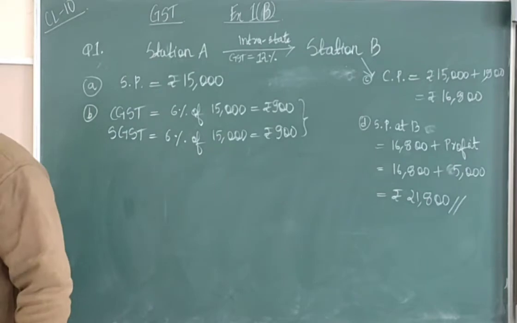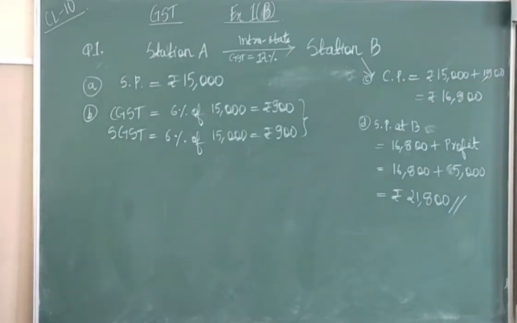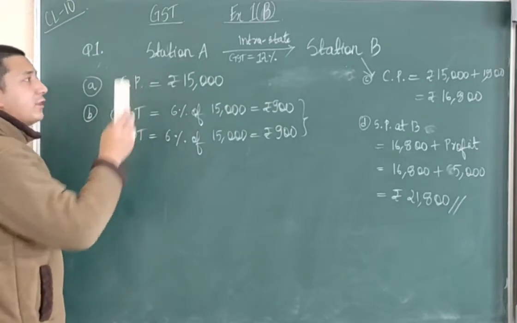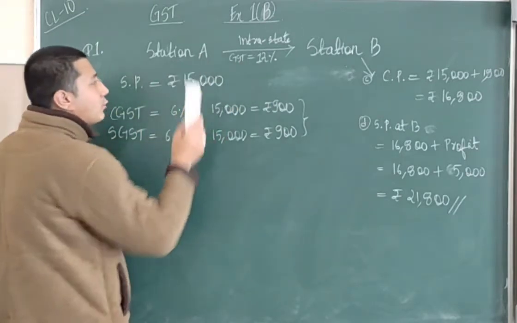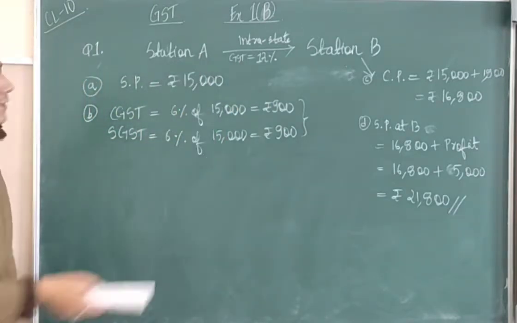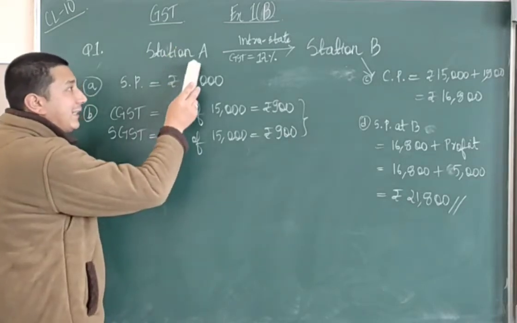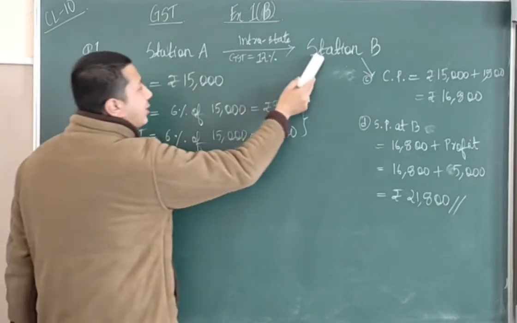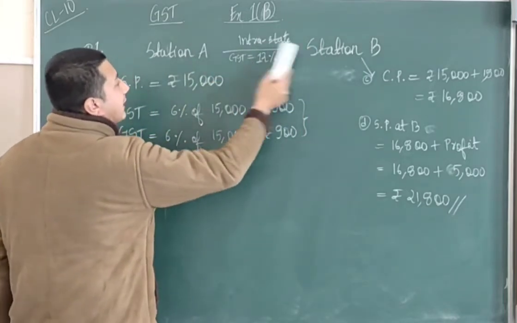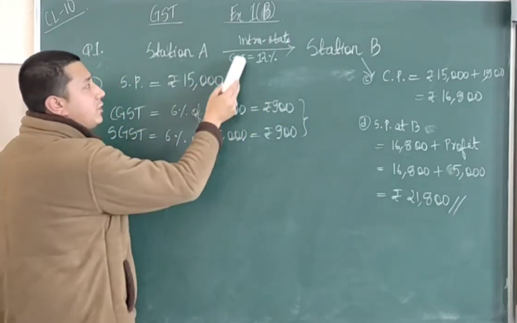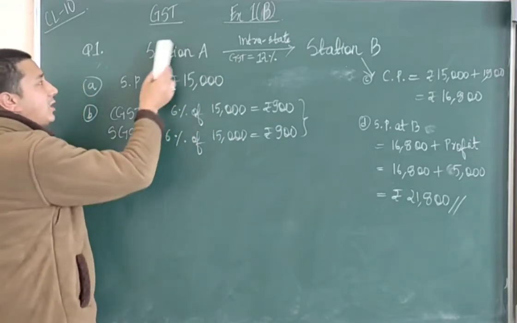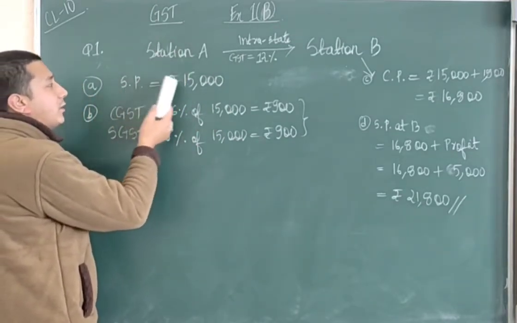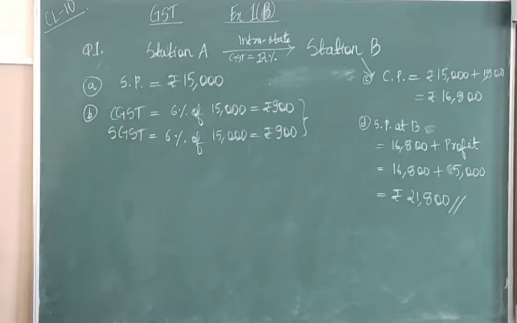So we are selling the goods from station A to station B at rupees 15,000 and at the rate of 12% GST. So write down station A, station B. In between the case is intrastate, the rate of GST is 12%, and at station A, I'm selling the goods at rupees 15,000. Okay, am I clear?